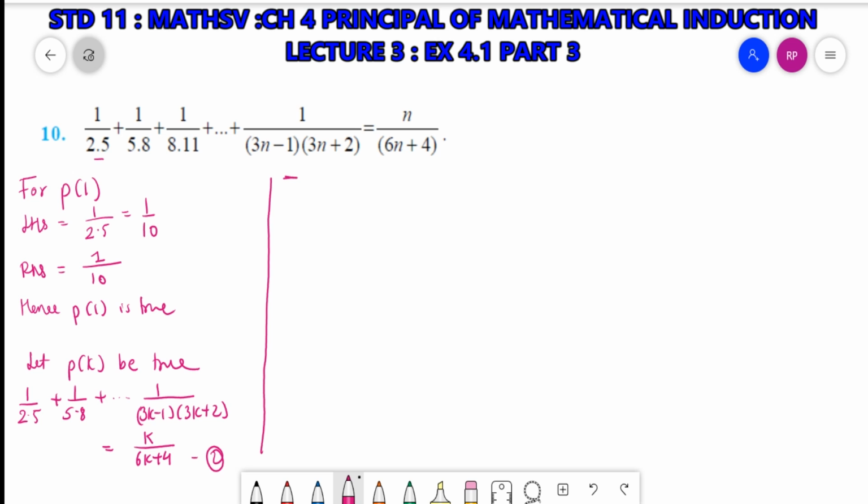So now for P of k plus 1, we have to prove 1 upon 2 into 5 plus 1 upon 5 into 8 plus 1 upon 3 into k plus 1, that means 3k plus 3 minus 1, so it will be 3k plus 2.